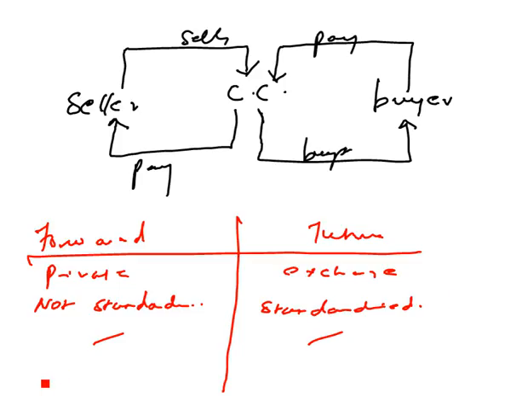Also, in forwards there is a high counterparty risk possible, but in this case there is almost no counterparty risk, and they are able to do it, as I said, because of this margin money concept.